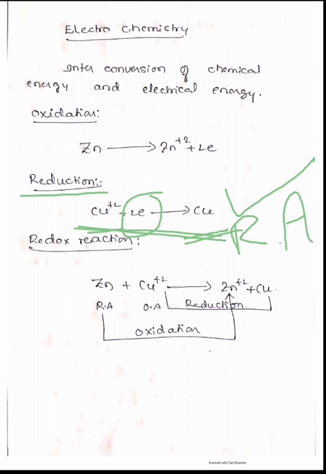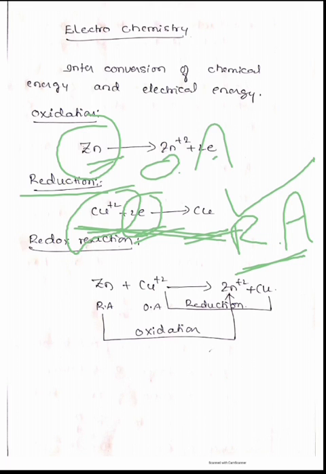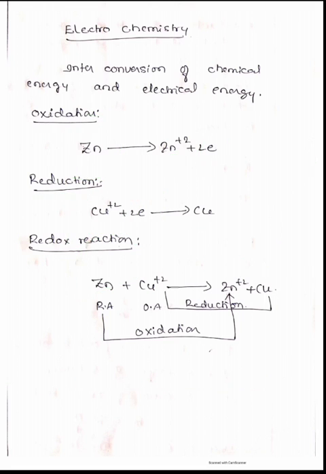So which is the reducing agent involved in this process? Here Cu2+ ions are accepting the electrons. These electrons are released from zinc. That means zinc can be taken as the reducing agent, whereas Cu2+ ions can be taken as the oxidizing agent.